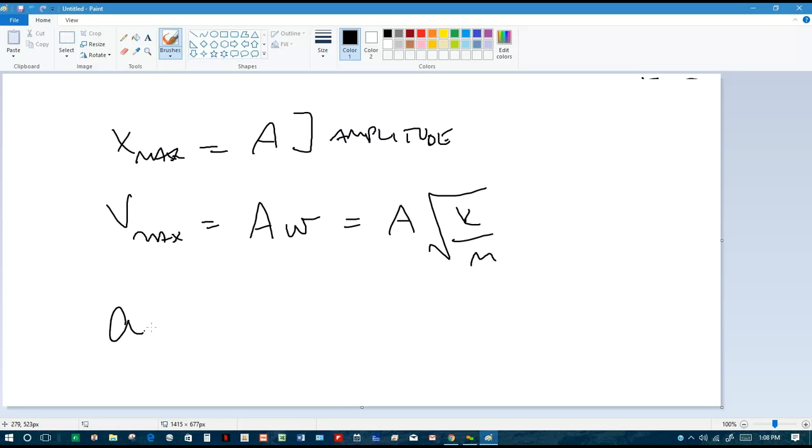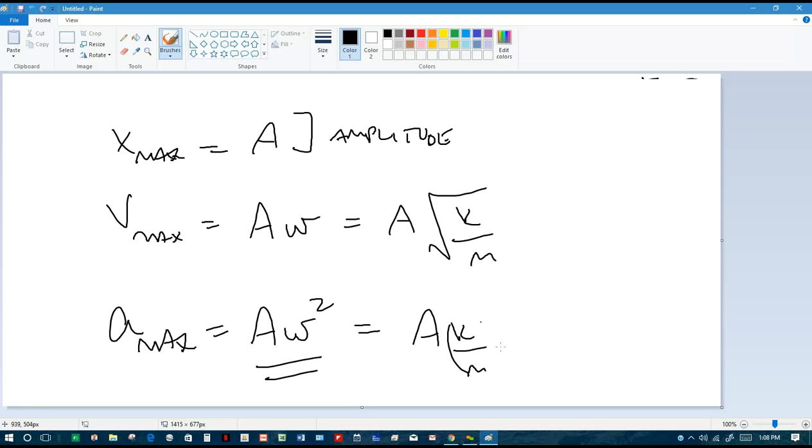And it turns out that the maximum acceleration, I don't know that you'll have to reference that in your exam, but it might turn up, is A omega squared, which is really just A k over m, because this bit right here is omega.